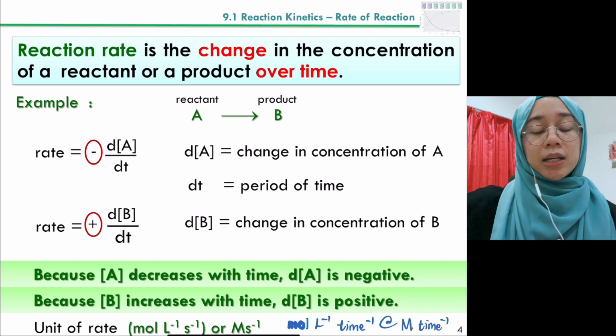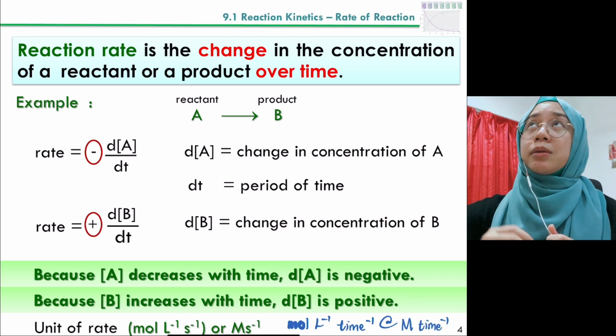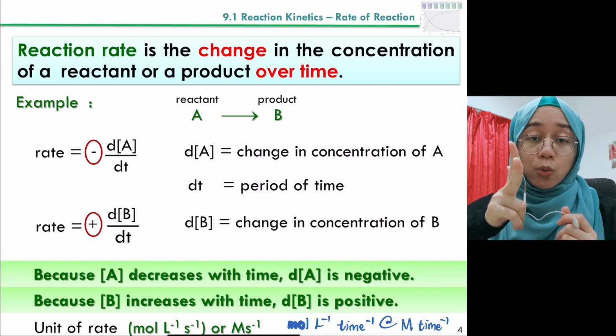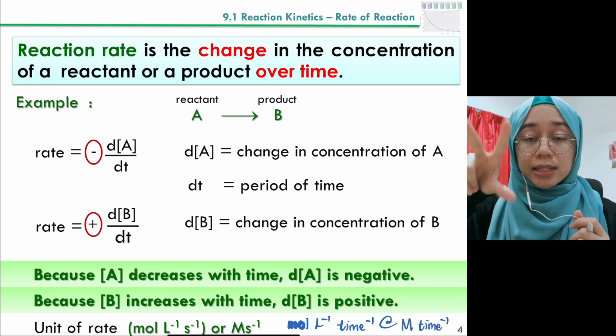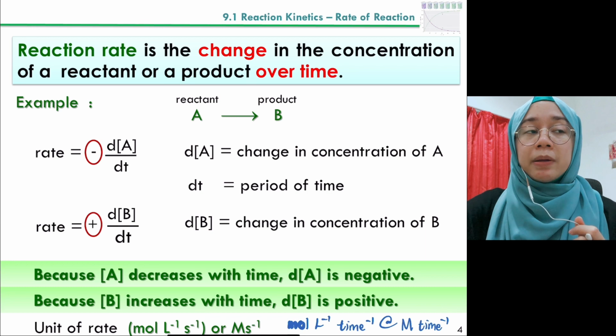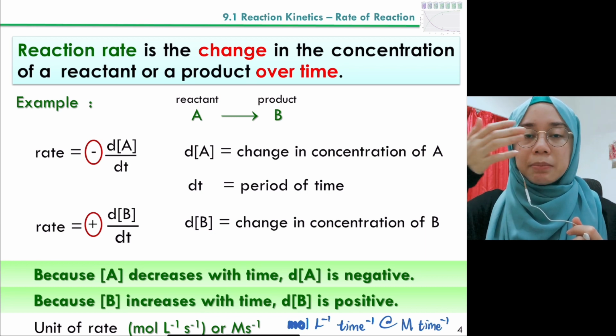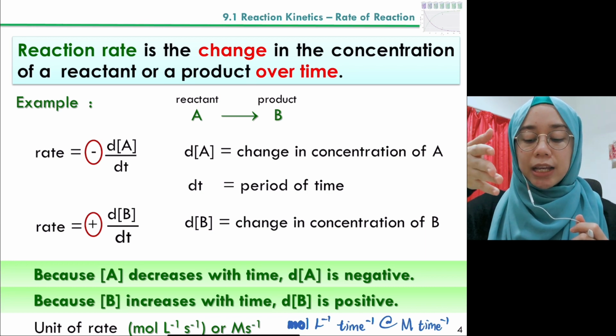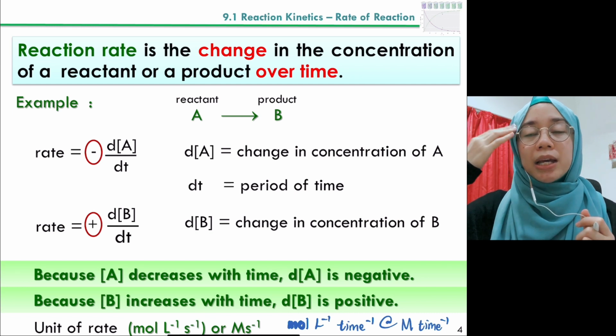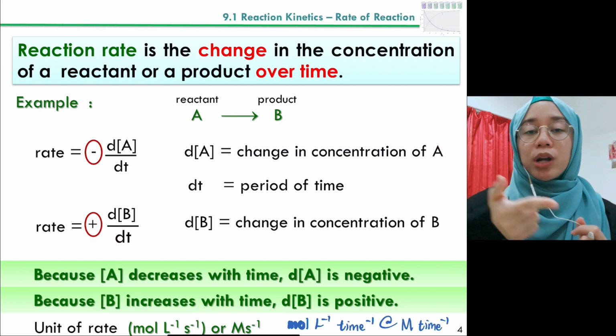Sebab time dia sebenarnya it can be in second, it can be in minute, it can be in hour. Okay, so ada 3 jenis time. It depends dengan soalan. Tapi most probably kamu akan jumpa banyak dalam second. Sebab tu kamu akan banyak jumpa molar per second. Tapi ada possibility untuk dia guna minute ataupun hour.